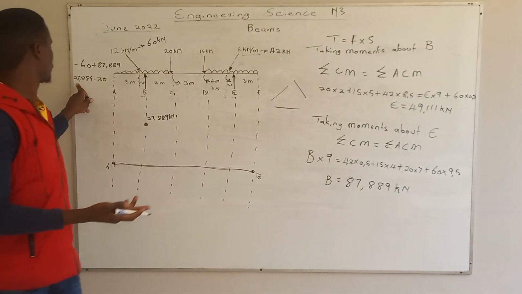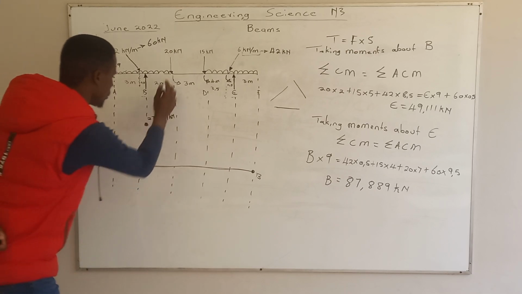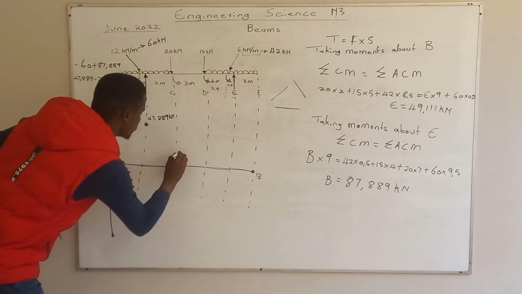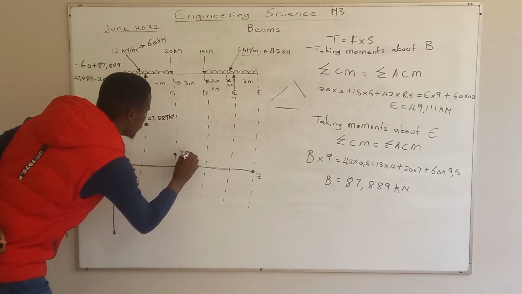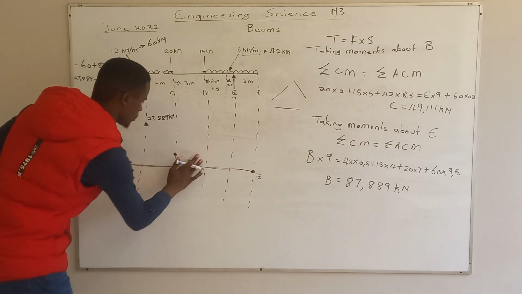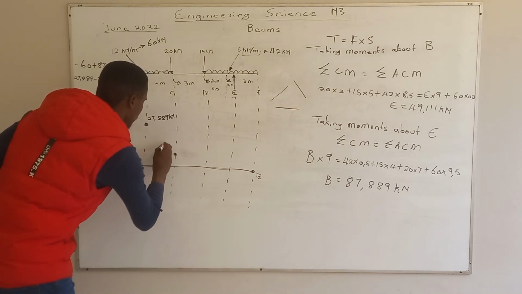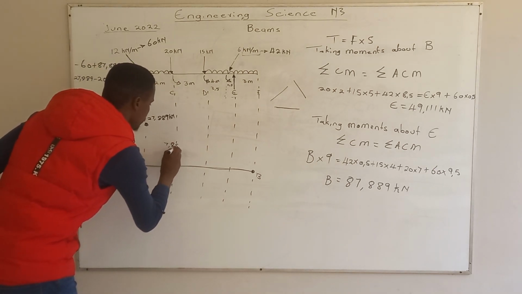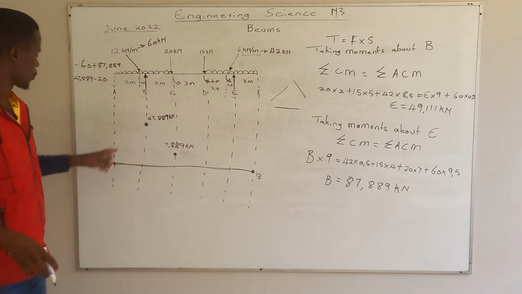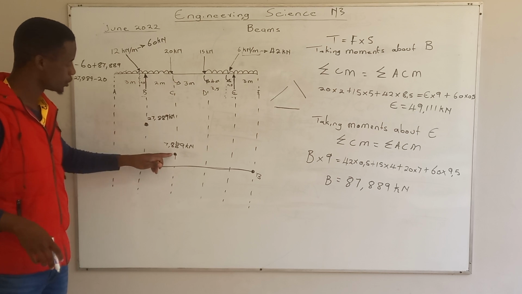So 27 minus 88, we know the answer, right? Without even pressing the calculator, the answer is 7.889. Let me write it here so that it's 7.889 kilonewtons. Right? So from here to here, from here to here.